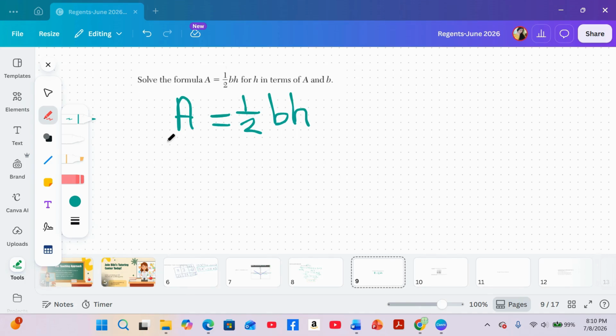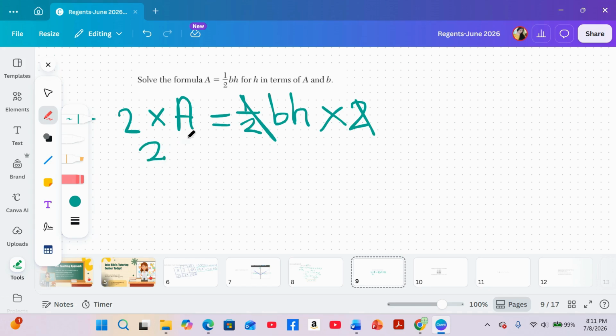Okay, so this question asks you to rearrange a formula. You have to solve the formula A equal to half BH for H in terms of A and B. So the first thing we'll do, we'll get rid of the half by multiplying both sides by 2. And this will cancel out this here.